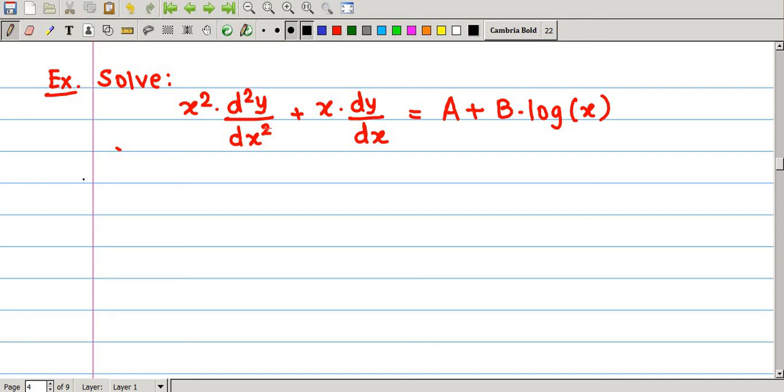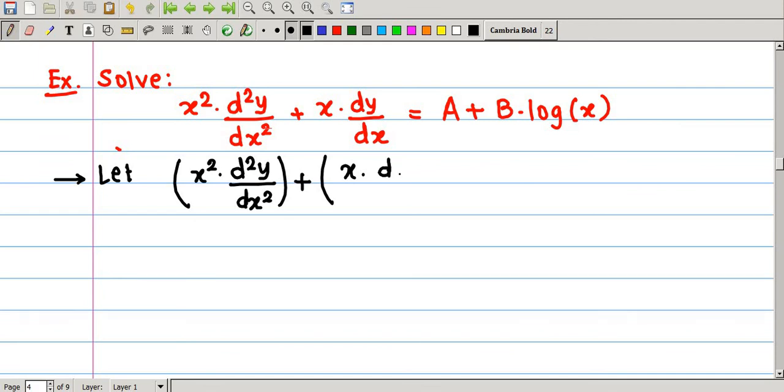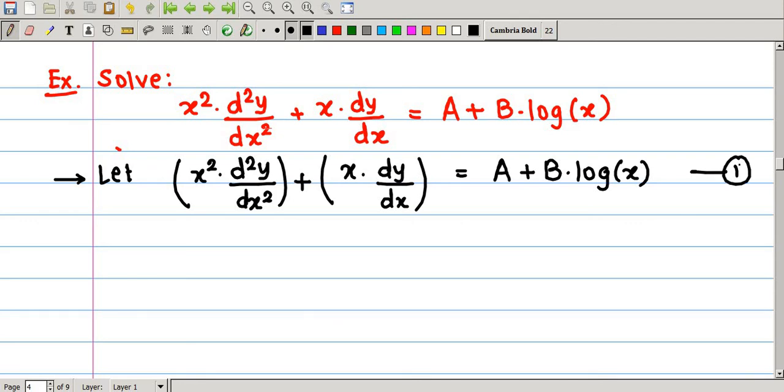So we consider the given differential equation: x to the power 2, which is the coefficient of the second order derivative of y with respect to x, plus x into dy by dx, and here the function is a plus b times log x, where a and b are constants. If it is not mentioned, we can consider it.